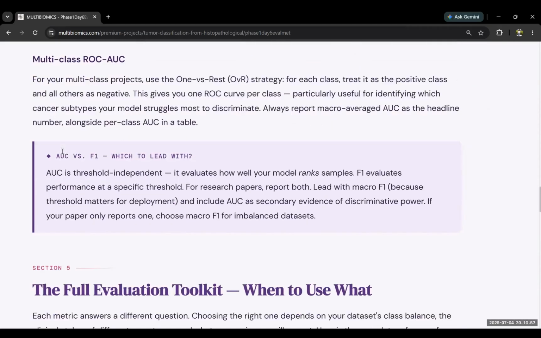Since we have a multi-class classification, we use multi-class ROC-AUC, with the one versus rest strategy. What that means is you have class 1, some images here, class 2, some images here, 3, 4, 5, 6, 7, 8.